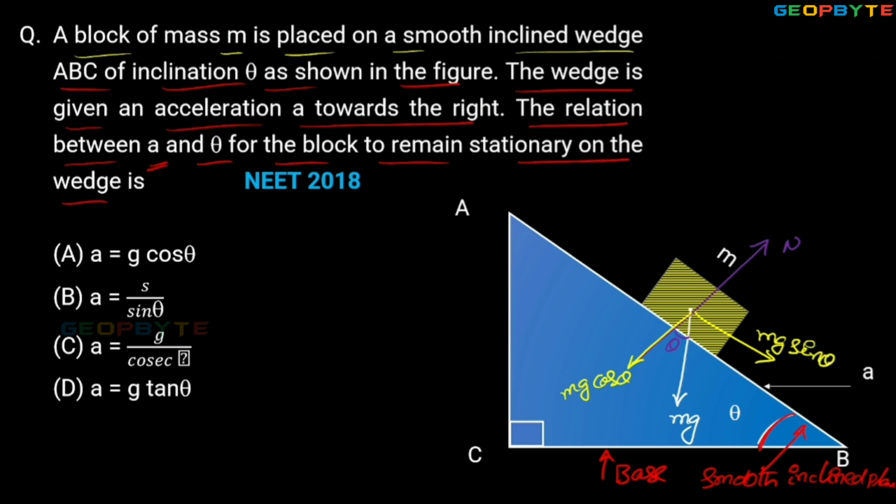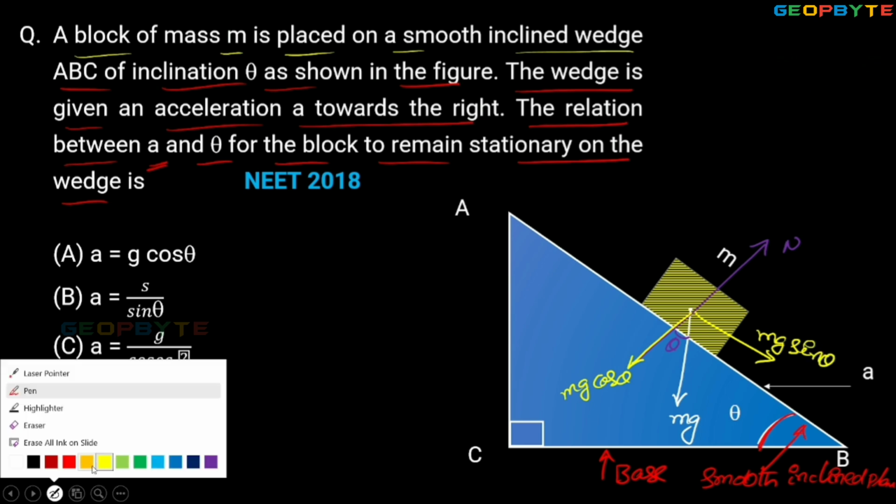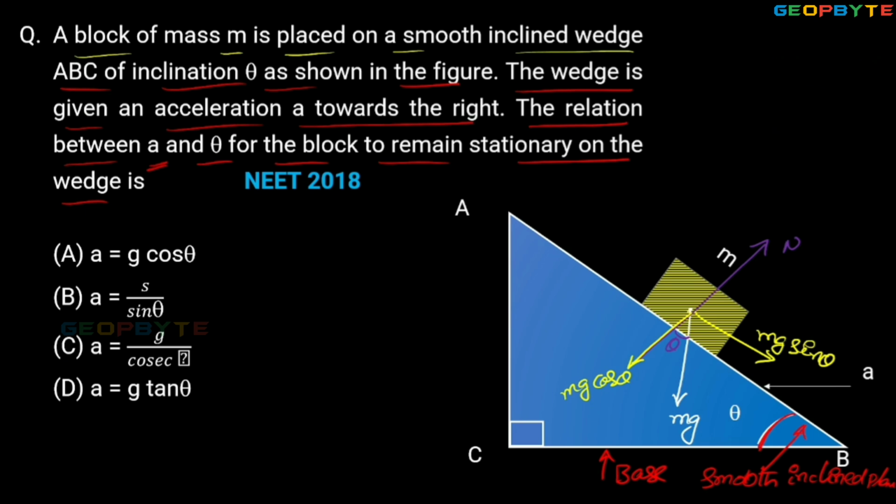Now here the net force is acting horizontally. The net force is ma. It makes an angle theta with the plane, developing two components of ma.